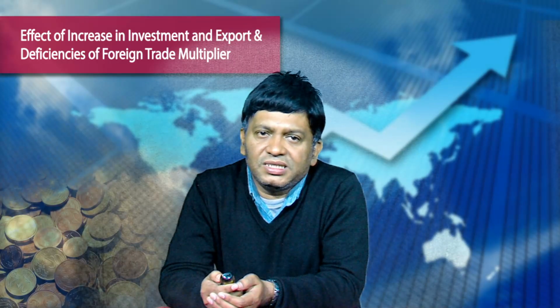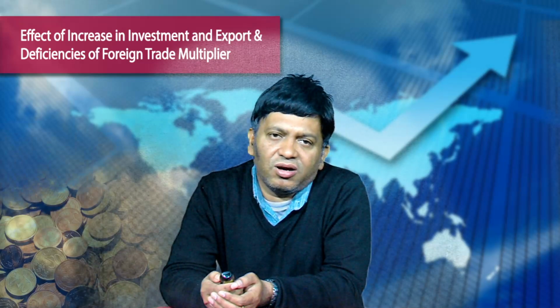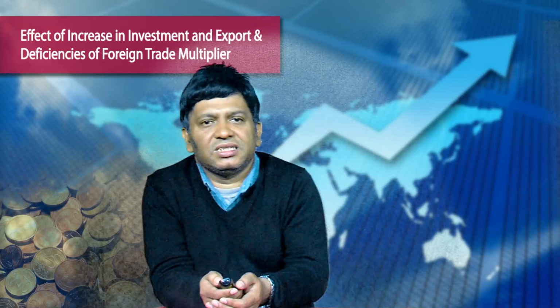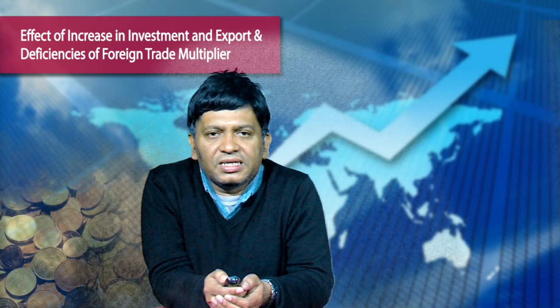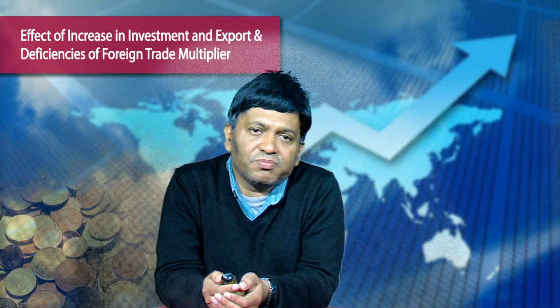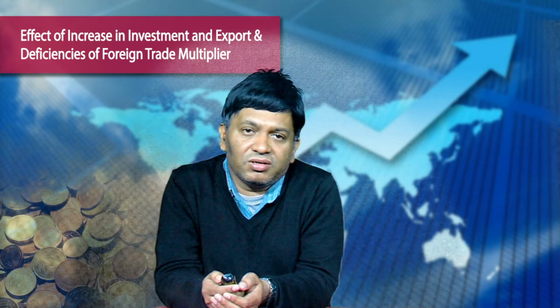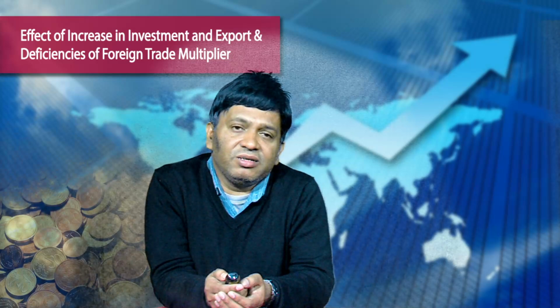So basically, change in investment plus change in export is equal to change in saving plus change in import. But at the same time, we also need to keep in mind that change in investment need not match exactly with change in savings. Saving and investment do not need to match exactly in equilibrium.